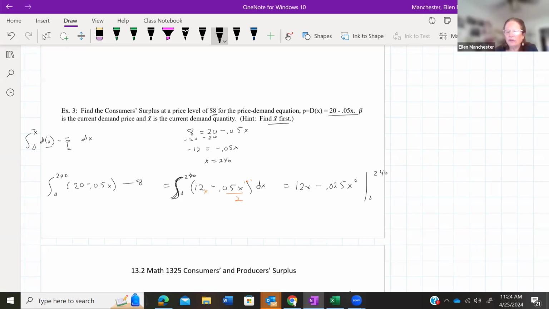Okay, so again, zeros go in, I'm going to get 0 out. When I plug 240 in, so 12 times 240 is 2880. 0.025 times 240 squared is 1440.